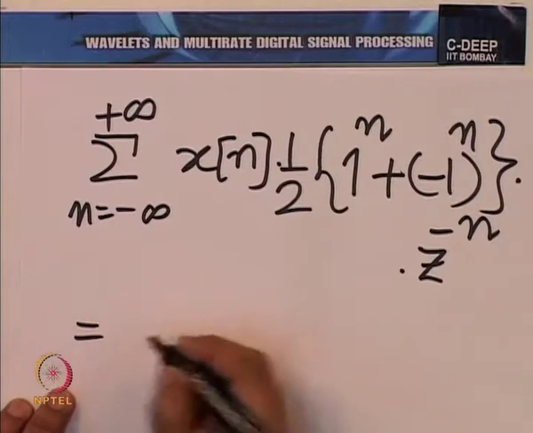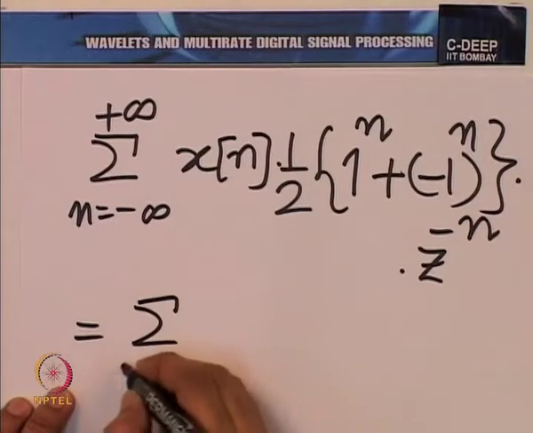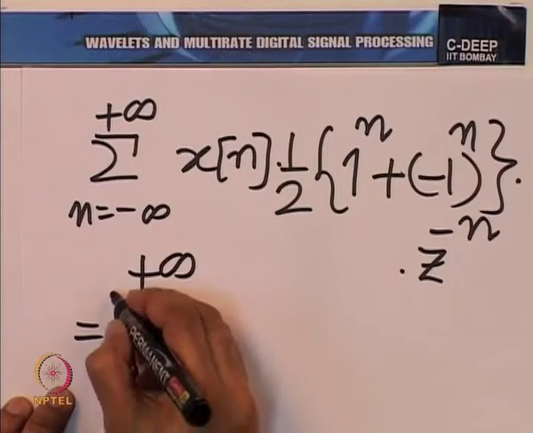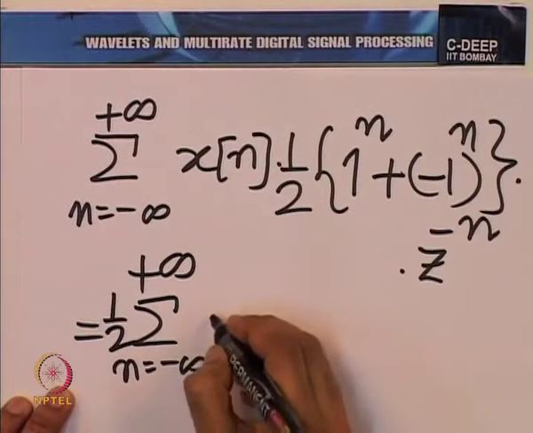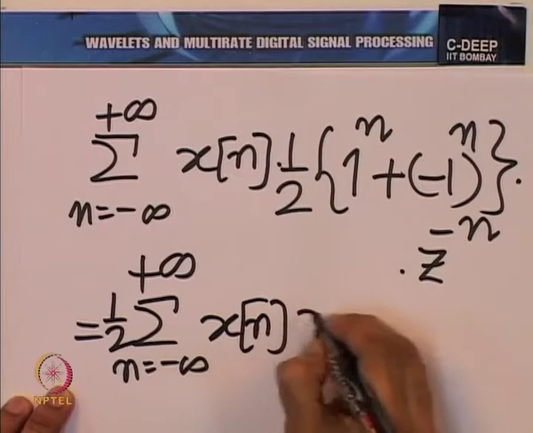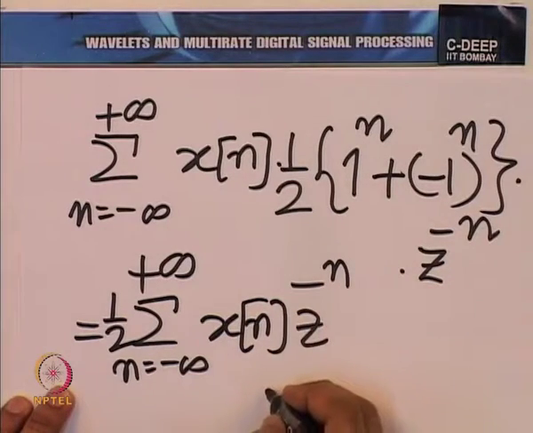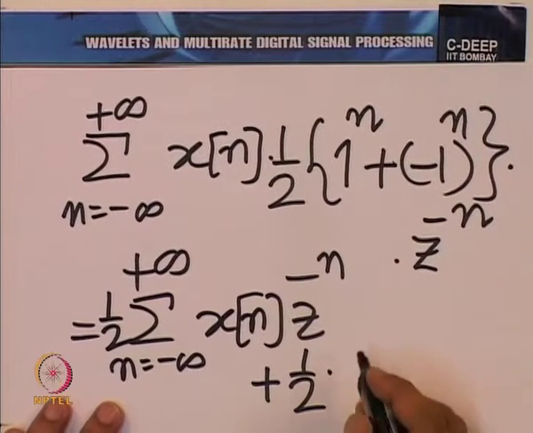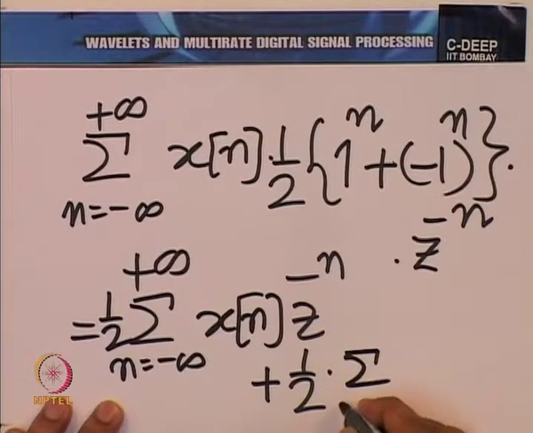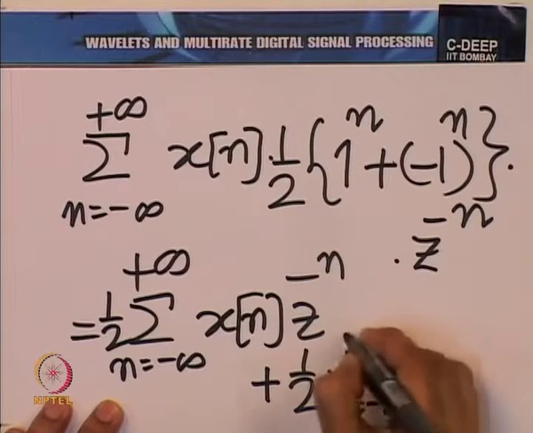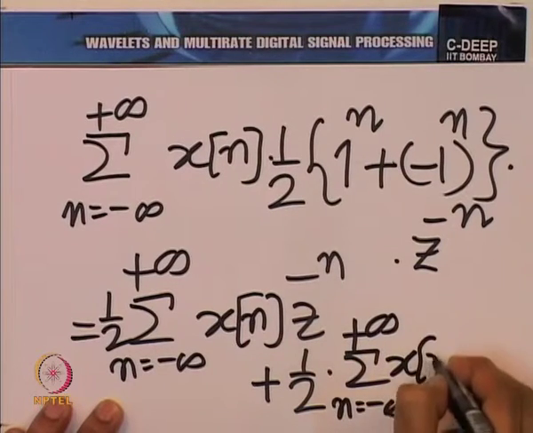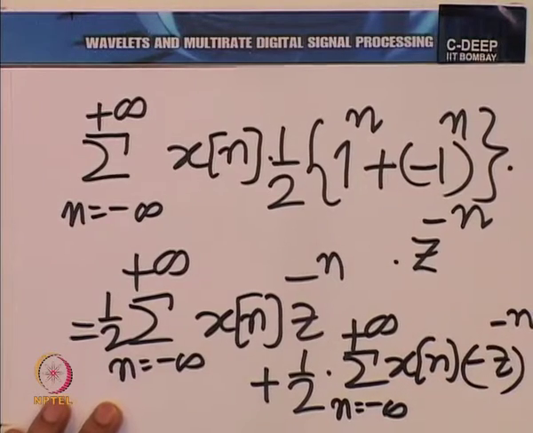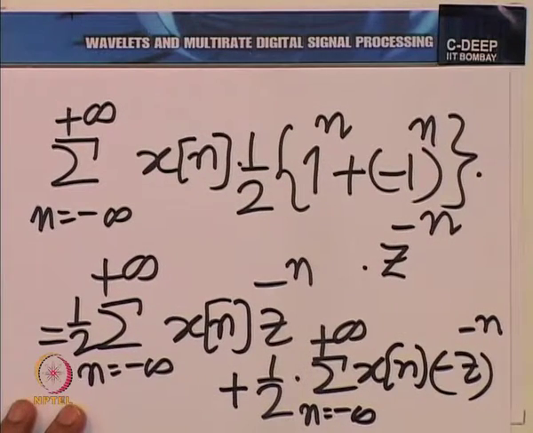This is easily seen to be summation n going from minus to plus infinity. Of course, half can be brought out everywhere: half summation x[n] z raised to the power of minus n, plus half summation over all n from minus to plus infinity x[n] times minus z raised to the power minus n. So, we have done our job.